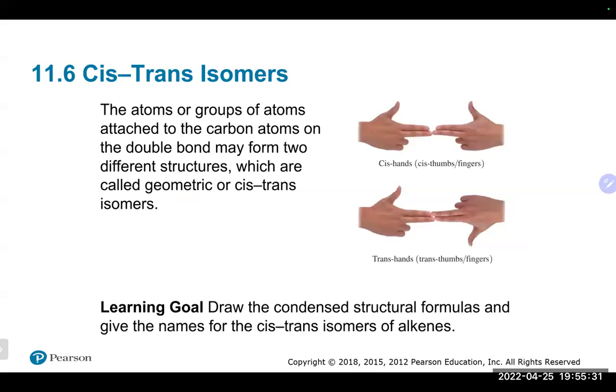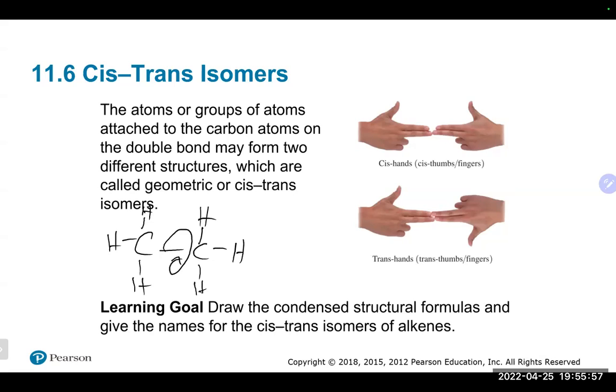So some of the consequences of a double bond is that we create a certain type of isomers, which are known as cis and trans isomers. When you have a single bond, like you have in an alkane, you have what is known as free rotation around the single bond.